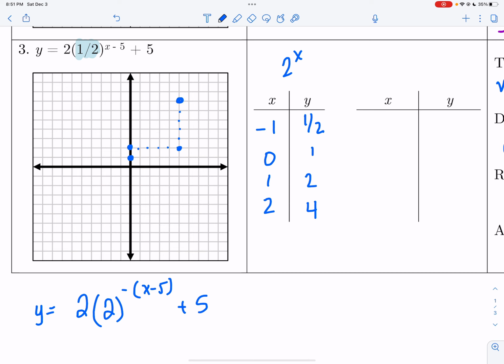So this is my new point. Let's see, 1, 2. At 1, 2, I have a stretch of 2. I have a reflection across the y-axis. I have right 5. And then I have up 5.